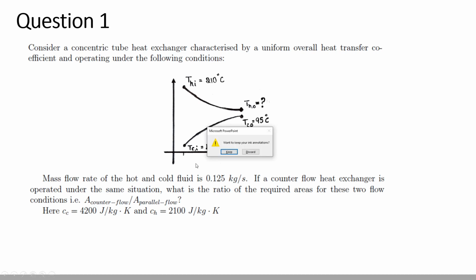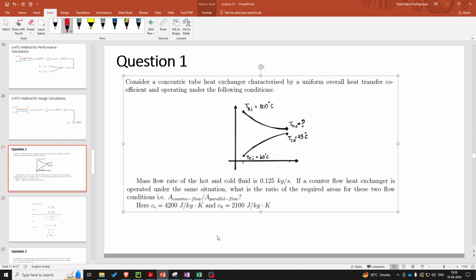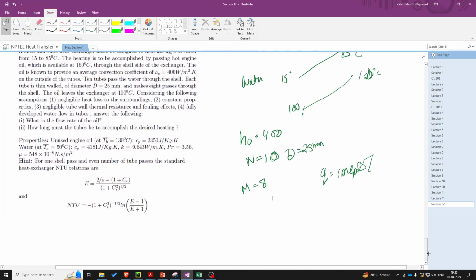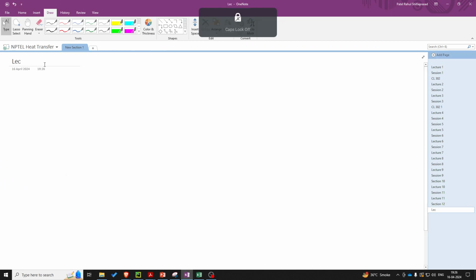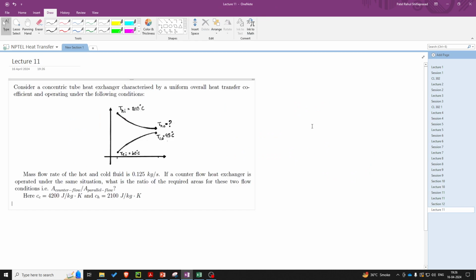So let's try to solve this question. Over here, we know that the overall heat transfer rate will be Q is equal to UA delta T, where delta T is the LMTD.